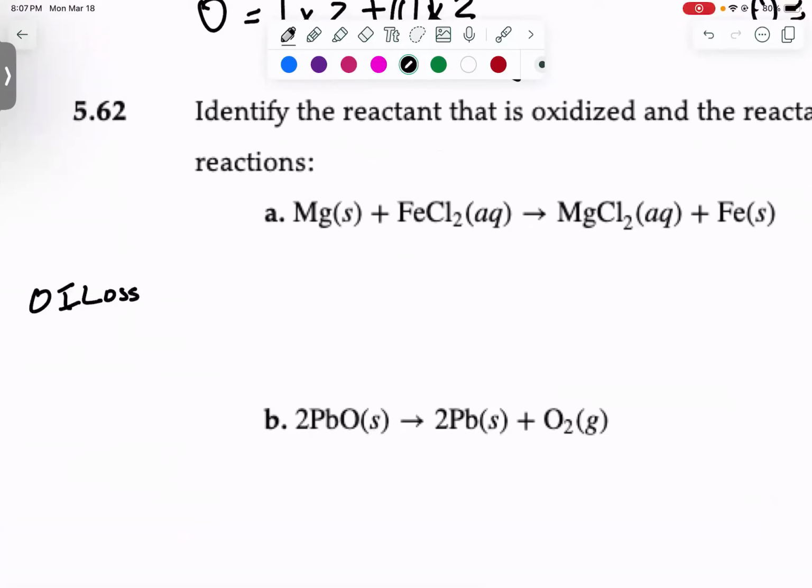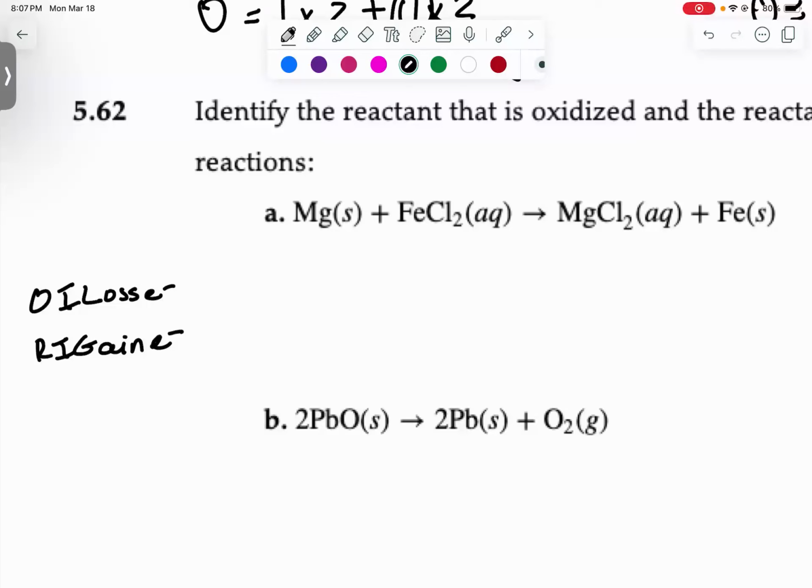Oxidation is loss of electrons, reduction is gain of electrons. So what I'm going to do is split this reaction into 2 equations. And I'm going to look at what happens to each of the elements in the chemical equation to determine which of the elements is being oxidized and which of the elements is being reduced.